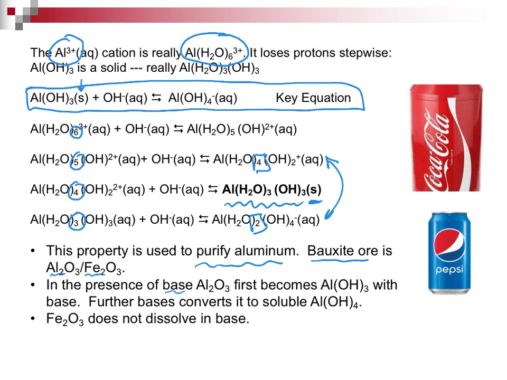In the presence of base, what happens, it becomes Al(OH)3, the solid, and it can be filtered out, but when it's retreated, it can go back and form an aqueous solution. The iron oxide does not dissolve, and I'm hoping Angie has a demo that I can actually show you where this occurs. So this section, 2 things. What happens in the presence of strong acid, strong base? What happens if we have an amphoteric cation?